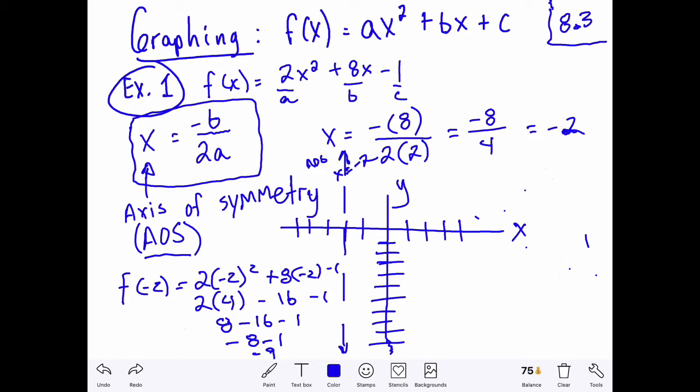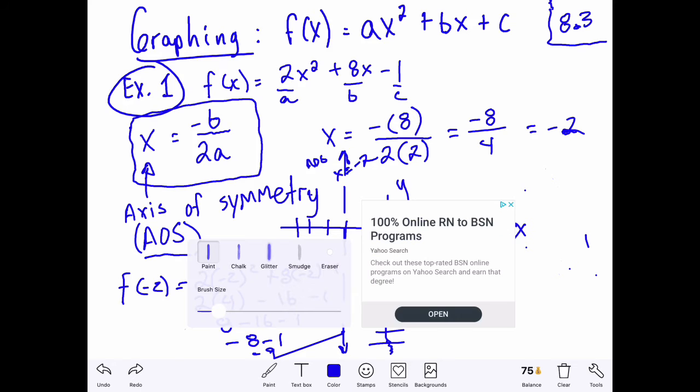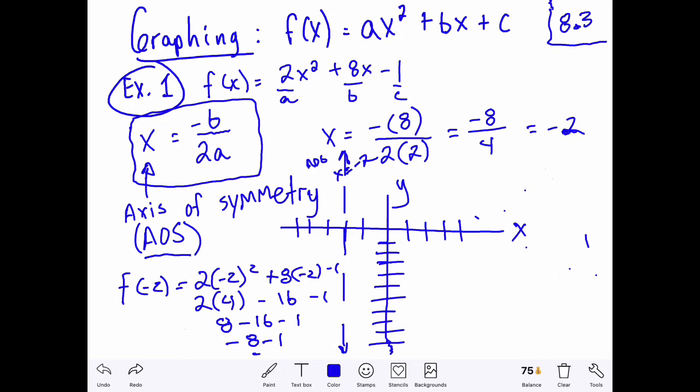So I know, 1, 2, 3, I'm down here at negative 2, negative 9, okay, and that's my vertex. And we want to label that as well. So negative 2, negative 9.